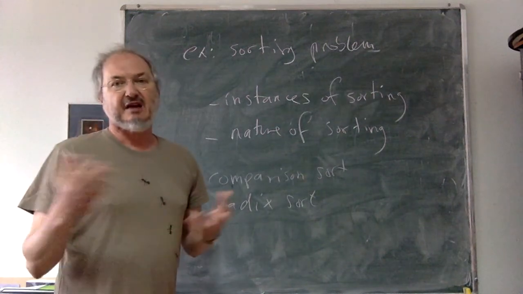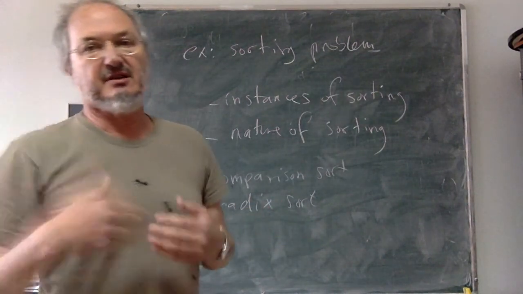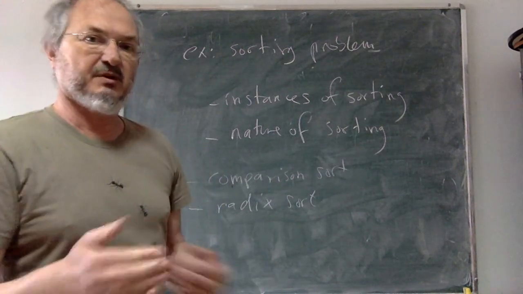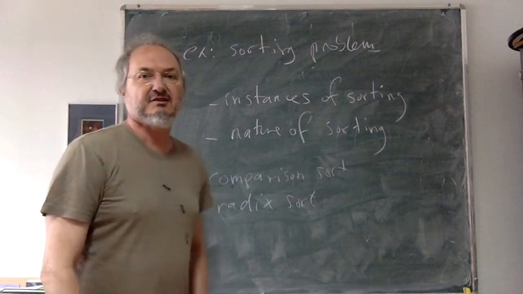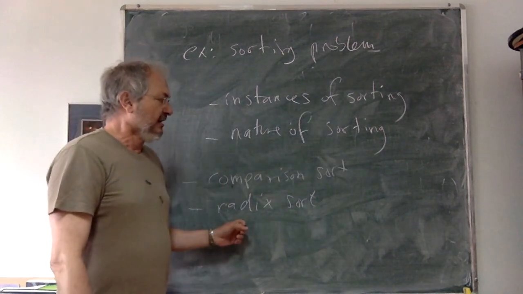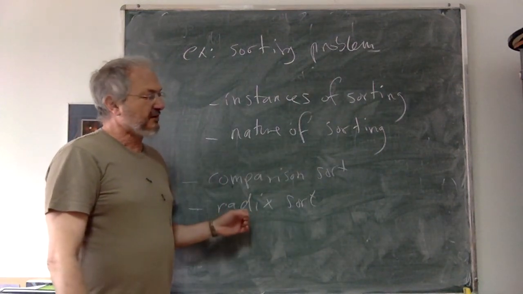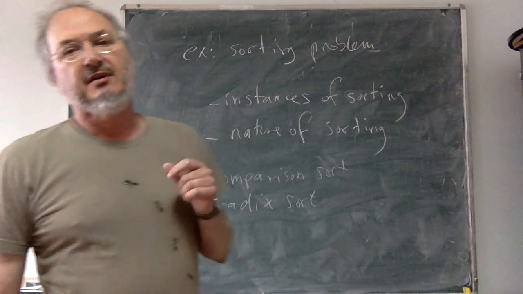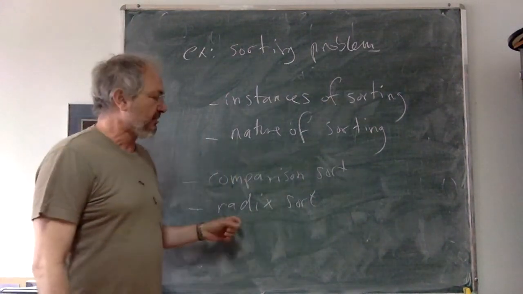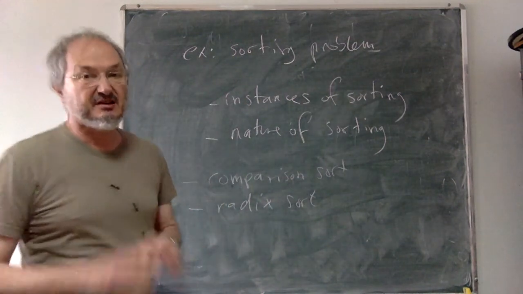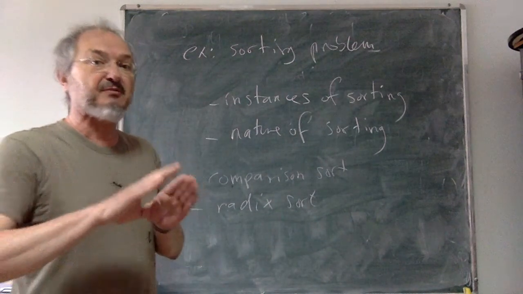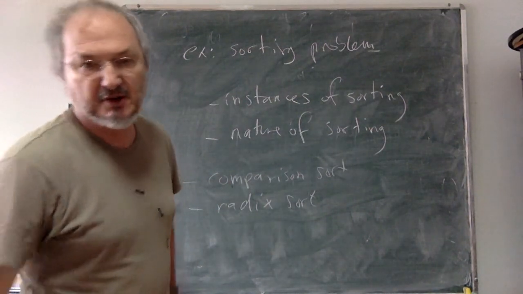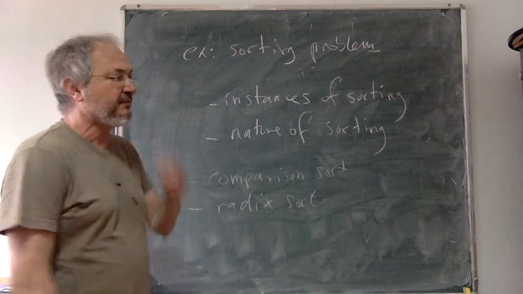Like 10 is greater than 8, so 8 is on top. 8 is greater than 5, so 8 is on top compared to 5, and things like this. But because of our sort of level 1 understanding of sorting, we know that radix sort does not work by comparison of values. It doesn't compare anything at all. They map these values into space where you preserve their properties by this mapping.